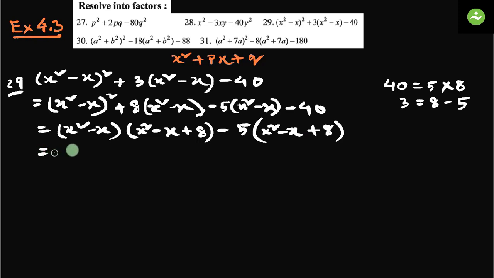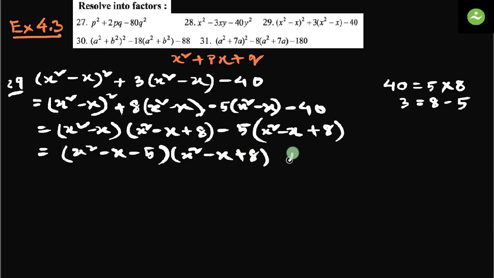So the two factors we get, one is x square minus x minus 5 into x square minus x plus 8. So the answer is x square minus x minus 5 into x square minus x plus 8.